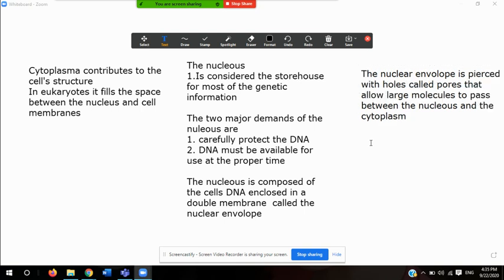The nucleolus is a dense region where tiny organelles essential for making proteins are assembled.